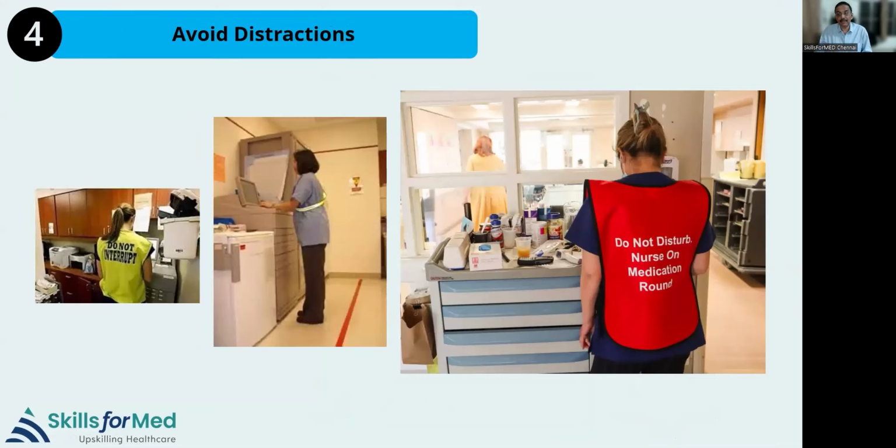Or if you want to spend a little bit more money, you give them vests saying do not interrupt or do not disturb, nurse on medication round. These are two very simple ways by which you put a system in your hospital, and the nurses and the rest of the people know that when that nurse is doing medication, we should not interrupt. It may be the senior-most doctor doing the rounds, but when they see this nurse standing in the red line, they should respect it and not disturb the nurse. So that is the fourth step in avoiding medication errors, avoiding distractions.